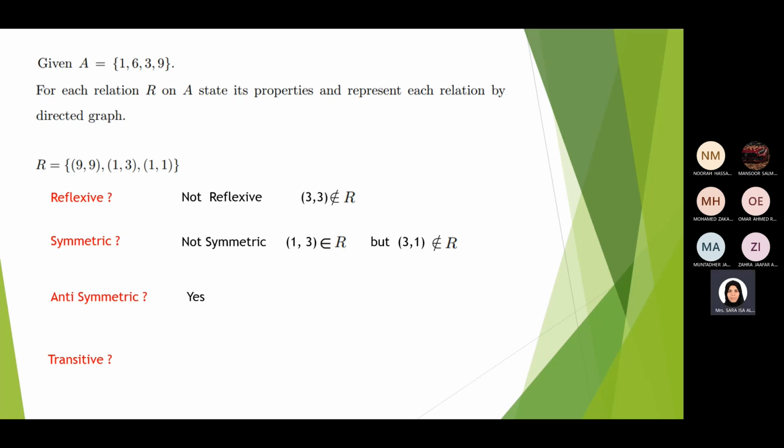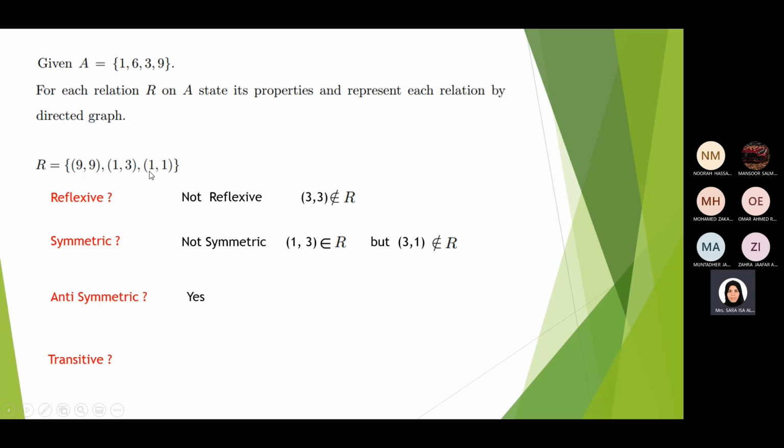Is it transitive? Transitive means I have three elements: A related to B, B related to C, then I can conclude A related to C. Right? So here 9, 9, is there any pair starting with 9? No. So there is nothing to be checked with 9, 9. 1, 3, is there any pair starting with 3?